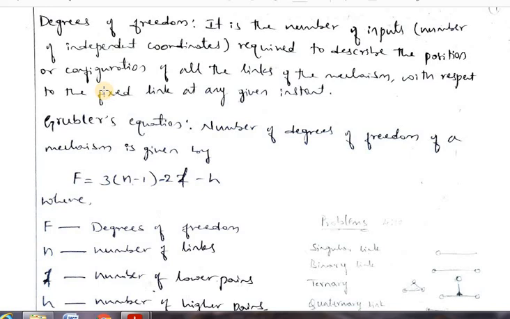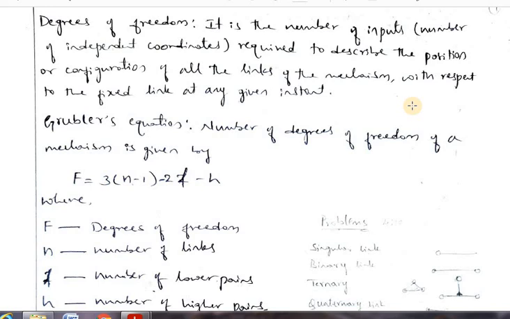Next topic we have is degrees of freedom. It is the number of inputs or number of independent coordinates required to describe the position or configuration of all the links of the mechanism with respect to the fixed link at any given instant, and is called the degree of freedom.